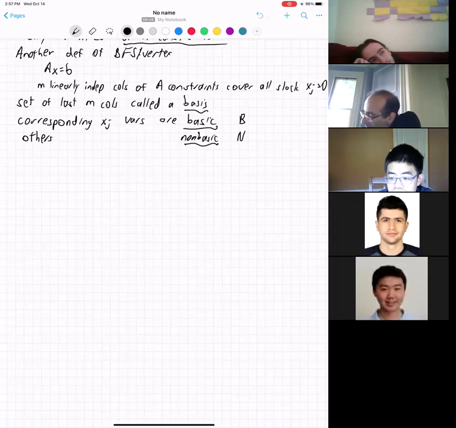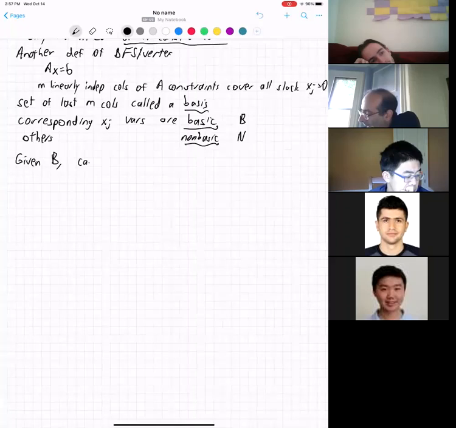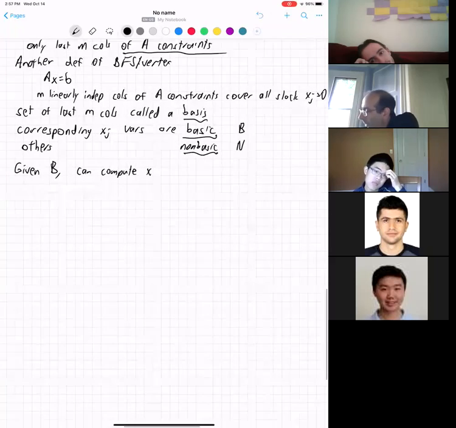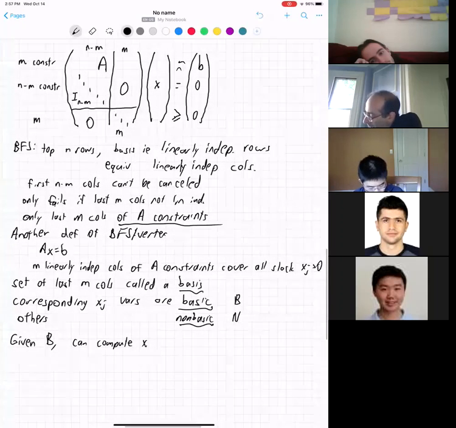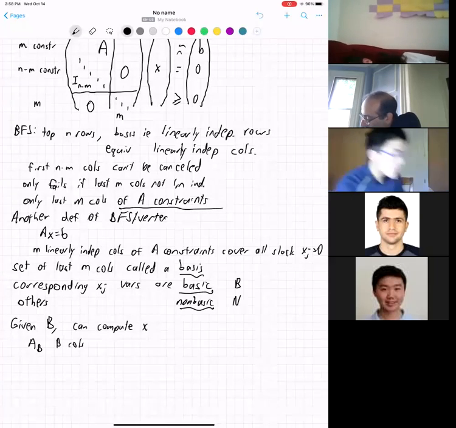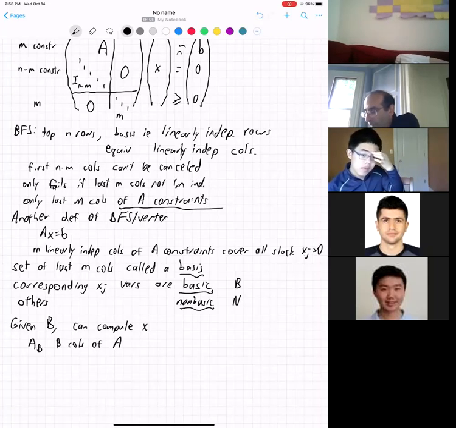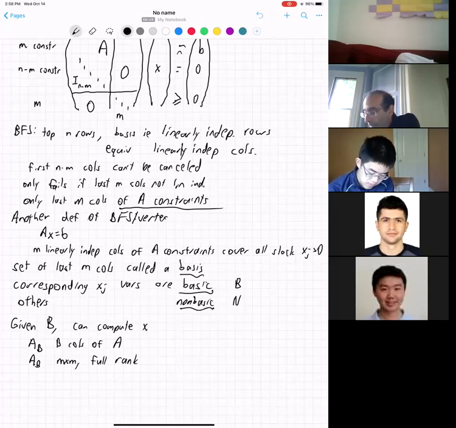Now, I would like to point out that if you're just given the basic set, you can actually compute the coordinates of the vertex x. So how do we do that? Well, let me write A_B for the B columns of the matrix A. Notice that A_B is an m by m matrix and full rank, because all of its columns are linearly independent.